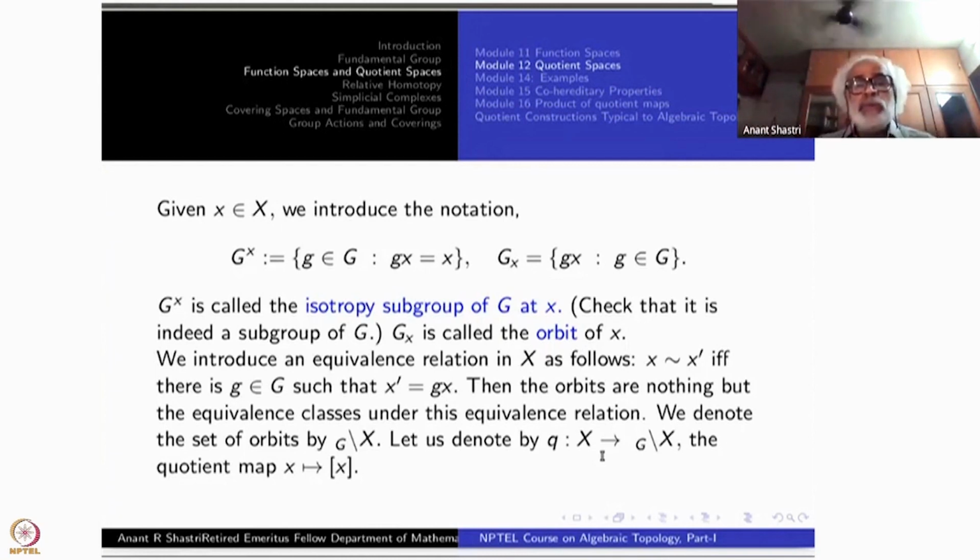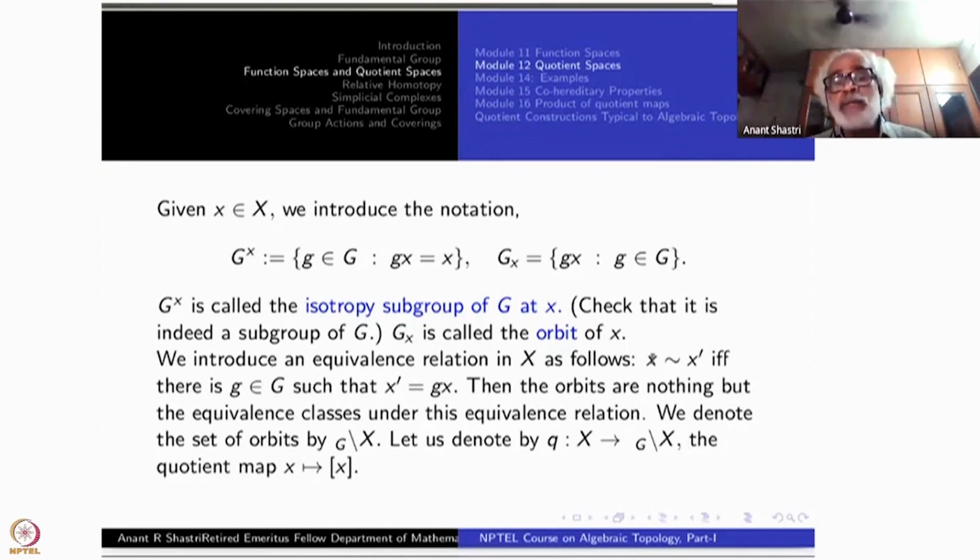Okay. So just like we had three different ways of looking at the quotient map, that is precisely what is happening here. So all the orbits are obviously disjoint, and for each x there is an orbit. Therefore, X is the union of all these orbits under the G action.